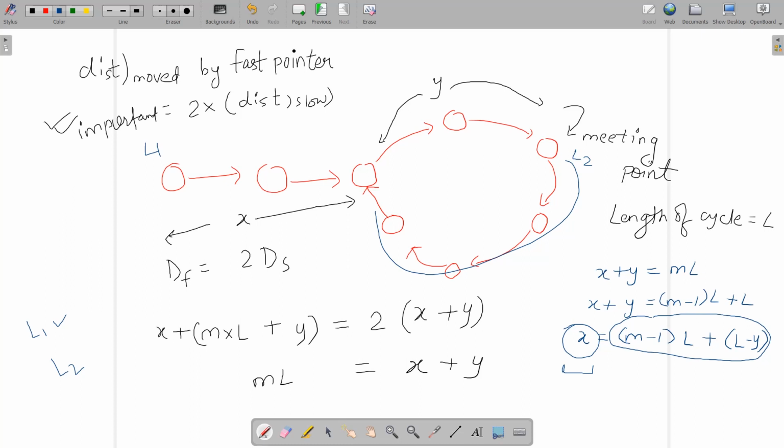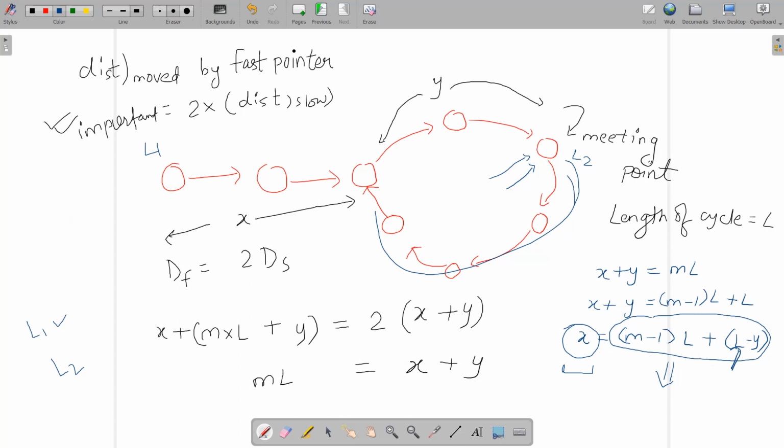So if L2 must also cover x distance starting from this meeting point, L2 must be within this cycle. So L2 must be covering this entire length x, and x can be written as (m minus 1) L plus L minus y. So L2 must be performing exactly m minus 1 iterations of this cycle, and it will be again at this point, but it will cover an extra L minus y distance.